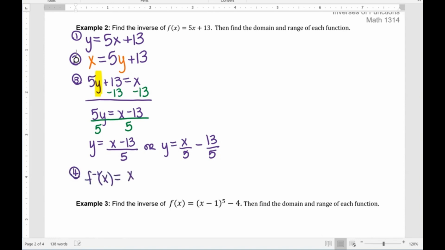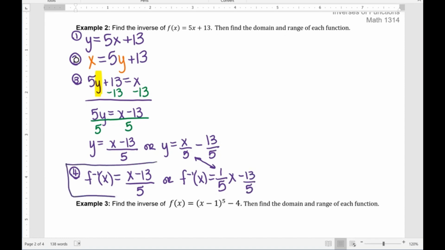So you either need to have f inverse is equal to x minus 13 over 5, or f inverse is equal to 1/5 x, or x over 5, minus 13/5. These are the exact same. Either one is fine, but remember to have your f inverse notation.